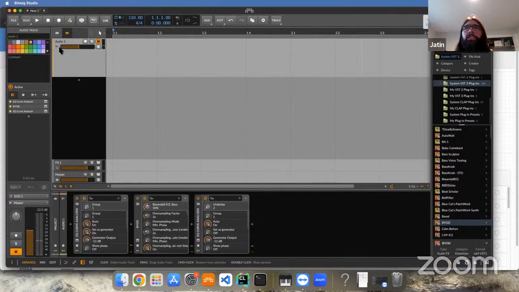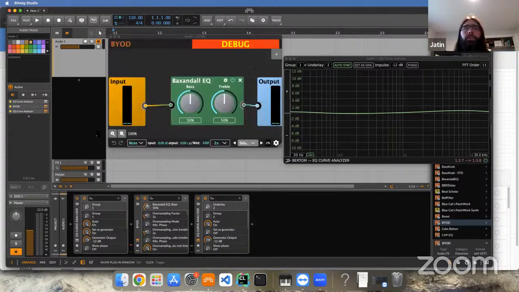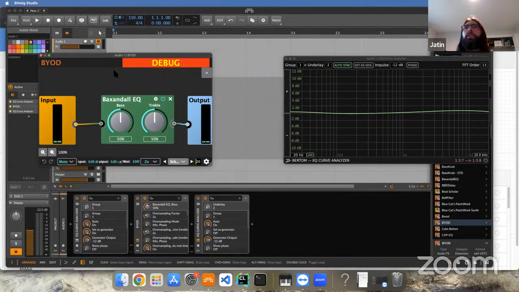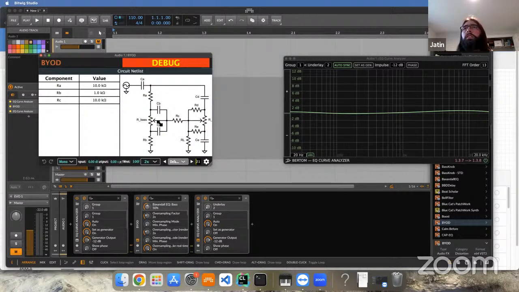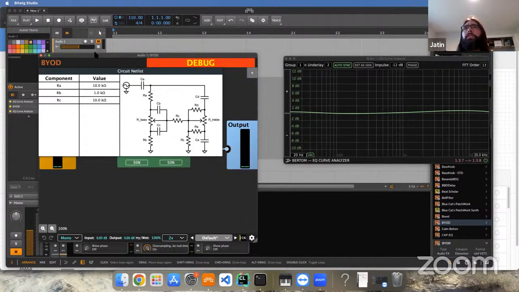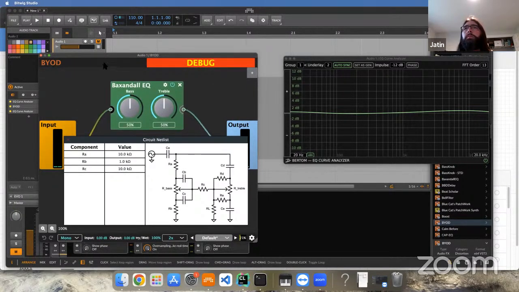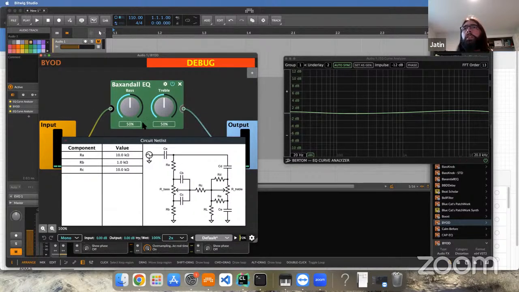Cool, so now we can actually modify the circuit components directly and see what effect that has on the frequency response. So if we show the net list here, we can pull these above each other. RA, RB, and RC seem like they're all around the base parameter control.